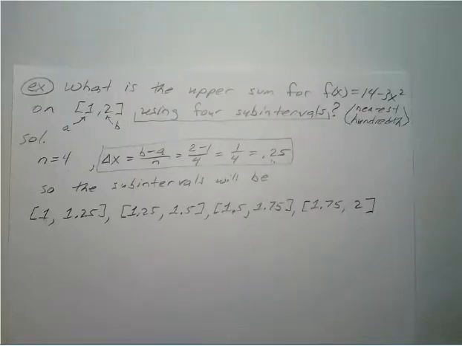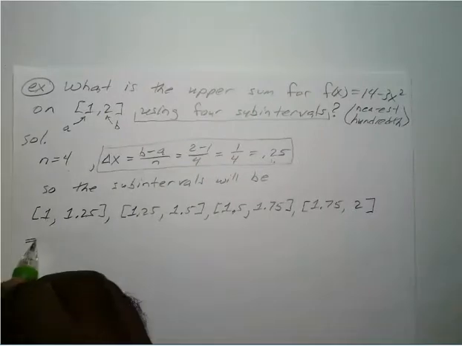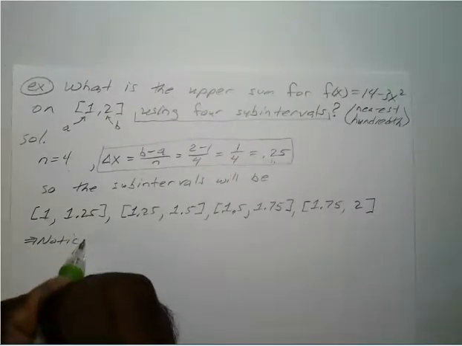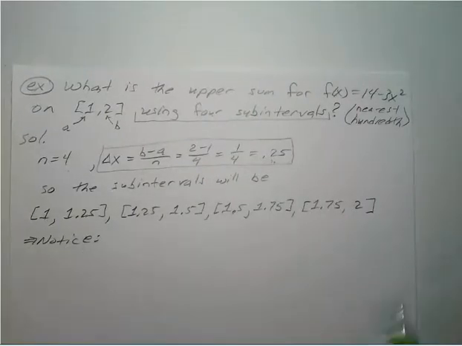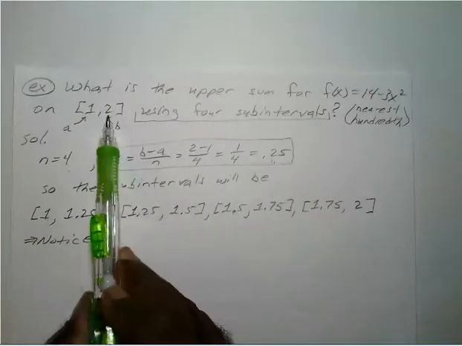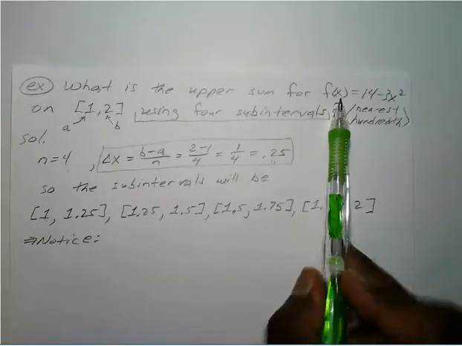All right. Now, the difference between this example and the previous two is that if you notice, when you plug in x equals 1 and x equals 2 into your f of x, it's decreasing.